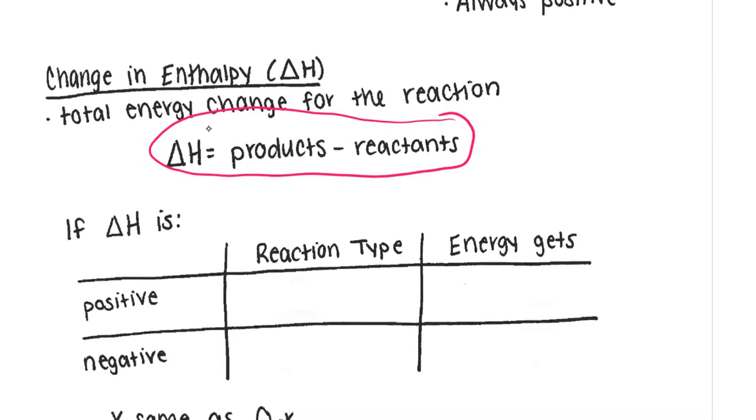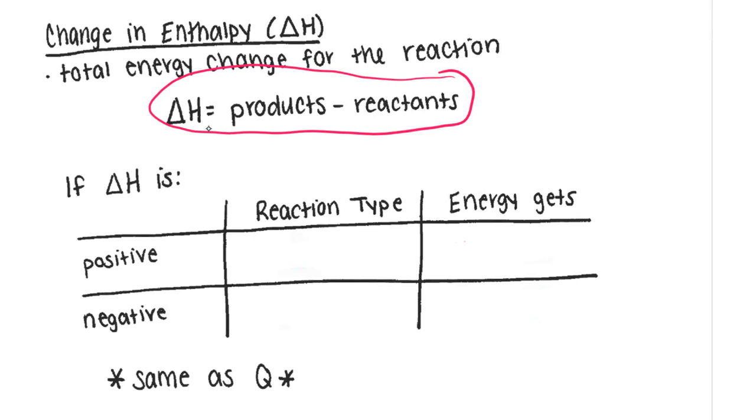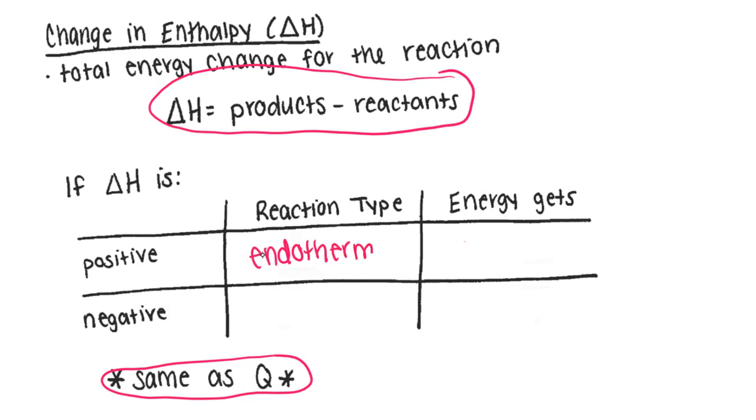Delta H can tell us a few things about the reaction, and it's going to be the same as Q, so that should be easy to remember. If Q was positive, we would have an endothermic reaction. If delta H is positive, it is endothermic.